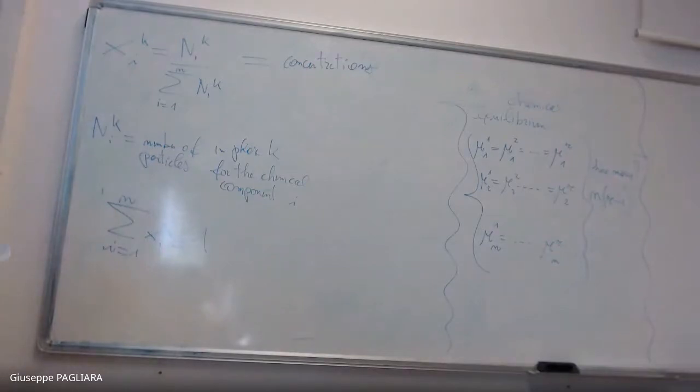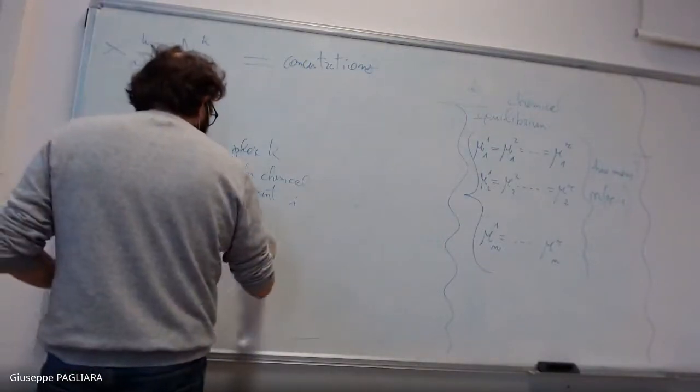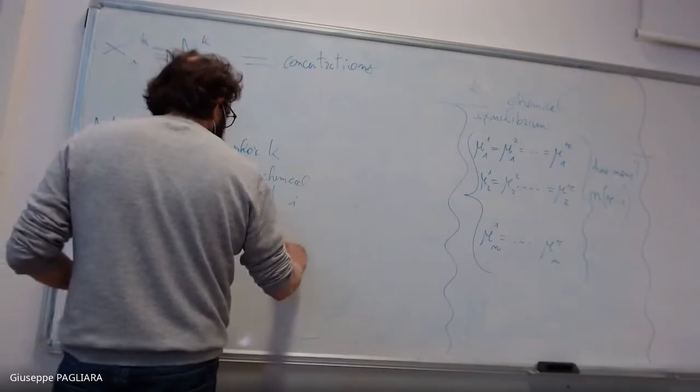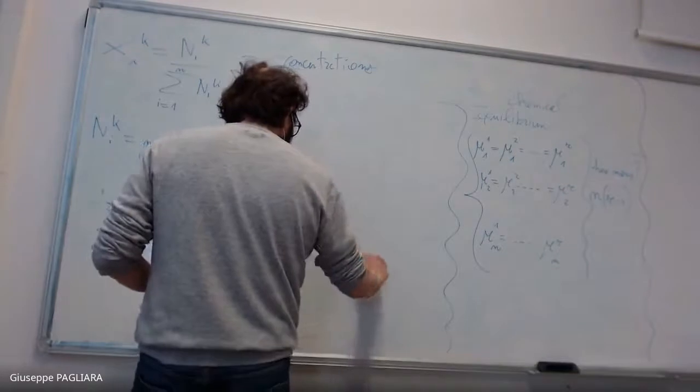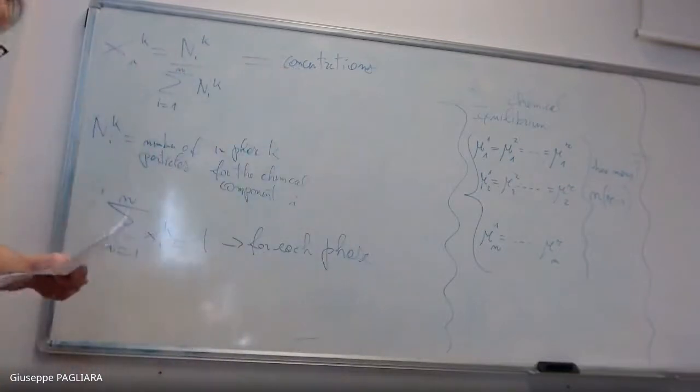That means that for each phase, the number of independent concentrations is n minus 1.